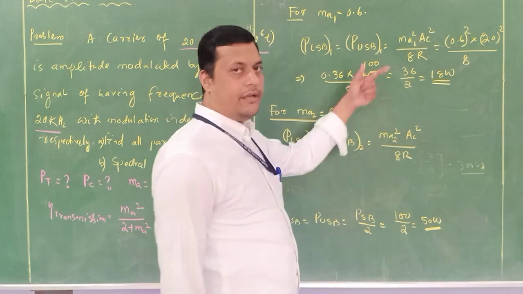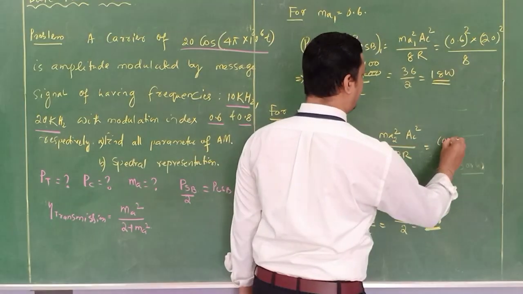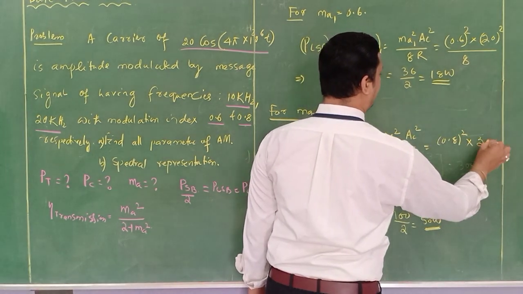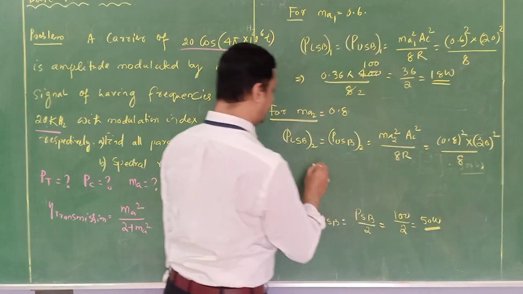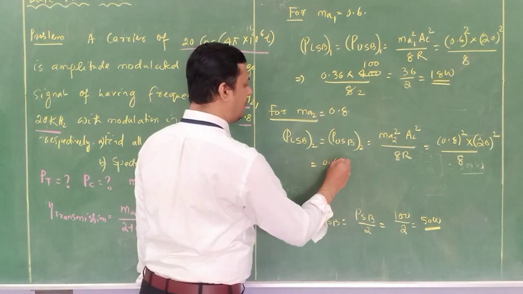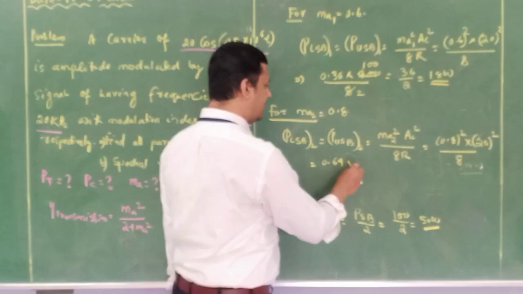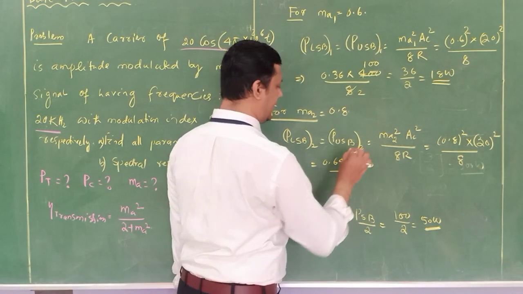R we have considered 1 because nothing is given. So Ma square is 0.8 whole square, AC square is 20 whole square, divided by 8. 0.8 whole square is 0.64, into 400 divided by 8.